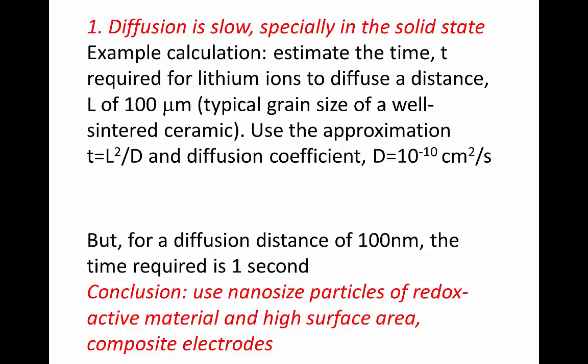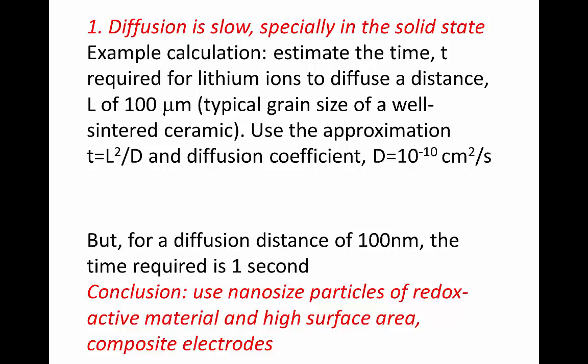A typical diffusion coefficient is listed here, 10^-10 square centimeters per second. So that's a typical value for hopping of lithium ions in a solid structure where there is some lithium ion conductivity.